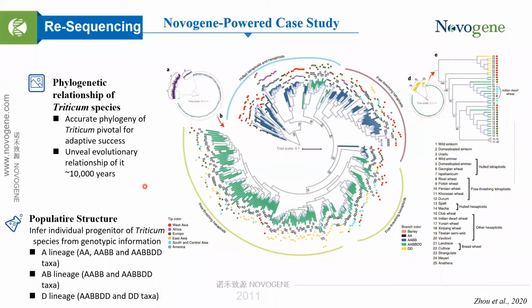This accurate phylogeny of wheat built the evolutionary relationship of it within the most recent 10,000 years, which is pivotal for the genetic decision of its global adaptive success.